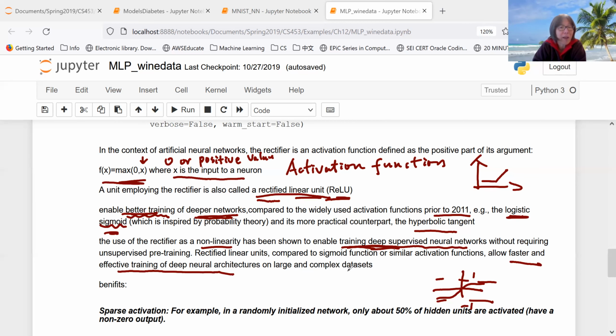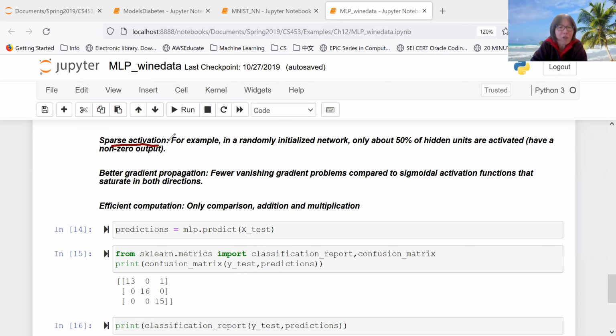So that's also the default one if you don't specify, unless you specify. And here there are also some concepts, because later on when we see TensorFlow, we will also see them. Here it also has a concept called sparse activation. Sparse activation is, in a randomly initialized network, only about 50% of hidden units are activated.